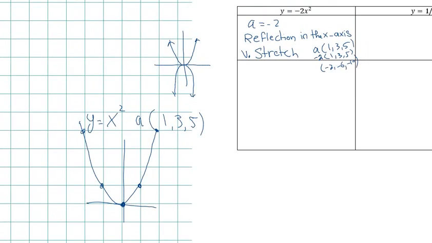So 1 times 1 is 1, 1 times 3 is 3, 1 times 5 is 5, right? But the minute that a value changes from 1, you're going to have to do the multiplication. Do we understand that? Okay. Now, my step pattern in this case is negative 2, negative 6, negative 10. So, I put my graph.